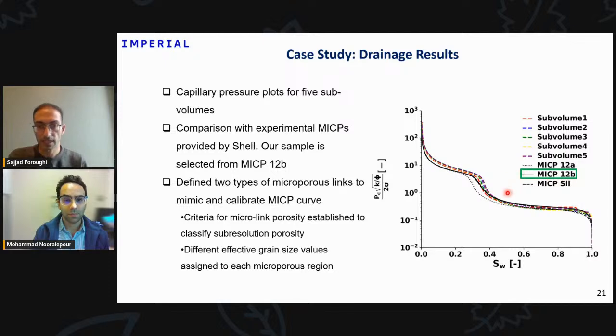This MICP is for exactly the same rock, but the MICP of other samples of this rock is more or less similar. We can see that the model can capture this smooth transition between the different behaviors that we have in the capillary pressure.